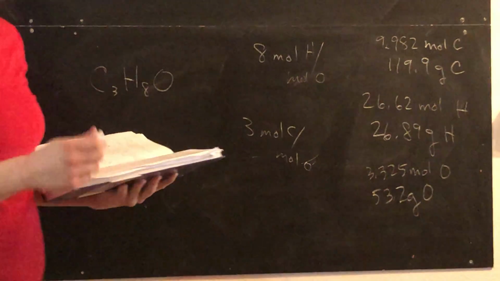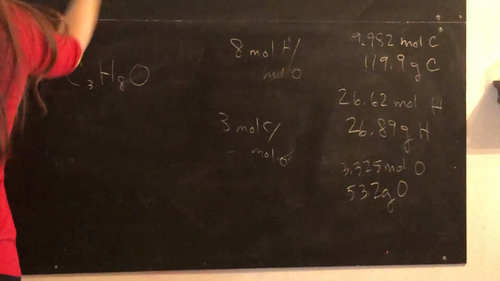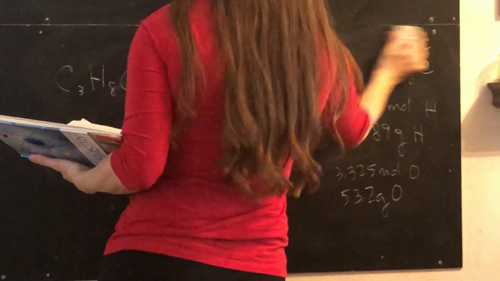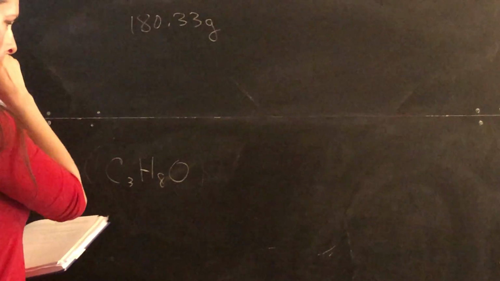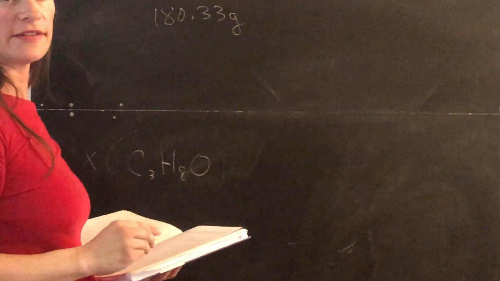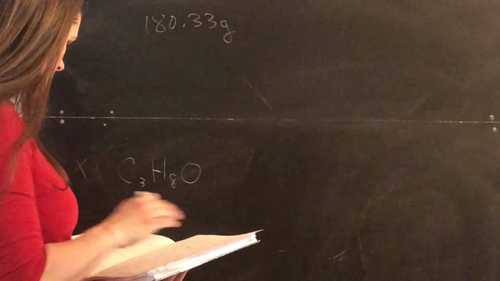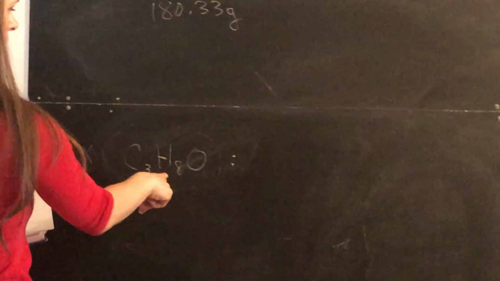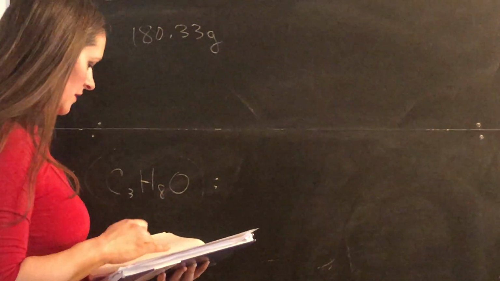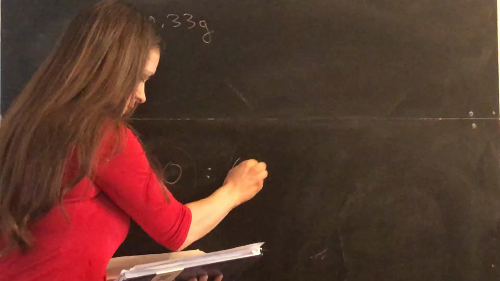Okay, but we're not done. The problem tells us that the molar mass of one molecule is 180.33 grams. So now let's figure out what we need to multiply this by to get to this molar mass and figure out our molecular formula. So one of these guys, if you look up in the periodic table what these weights are, weighs 60.11.